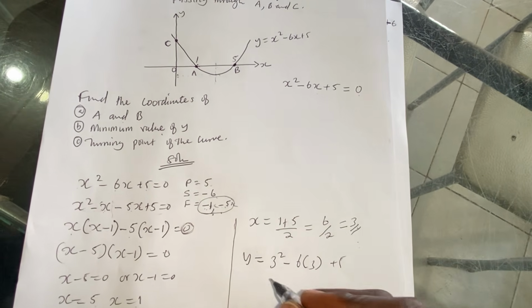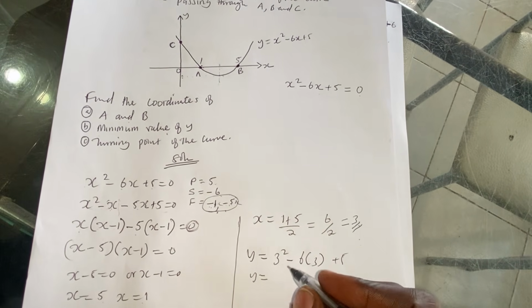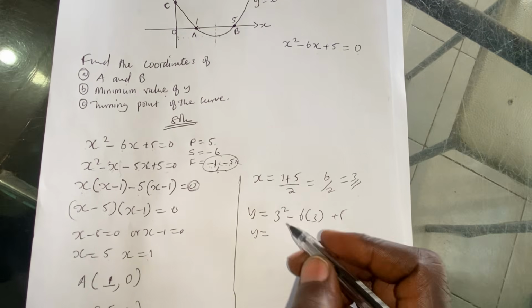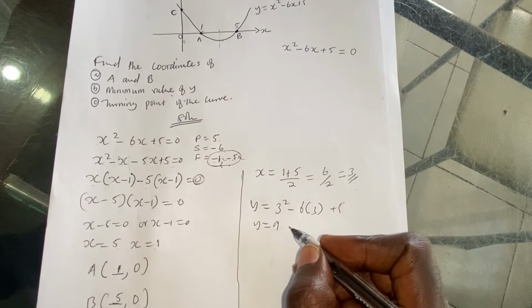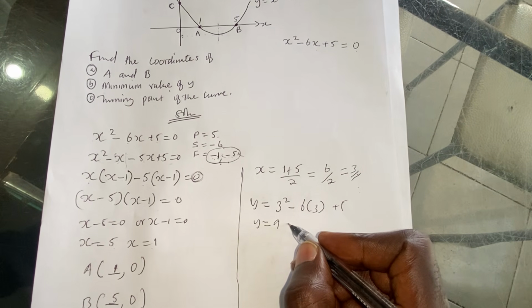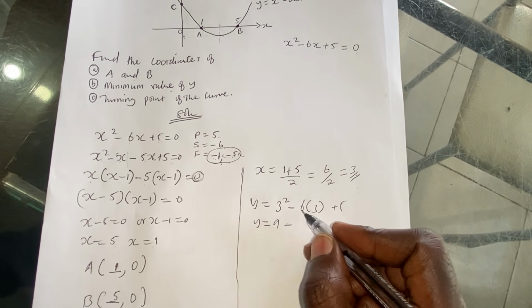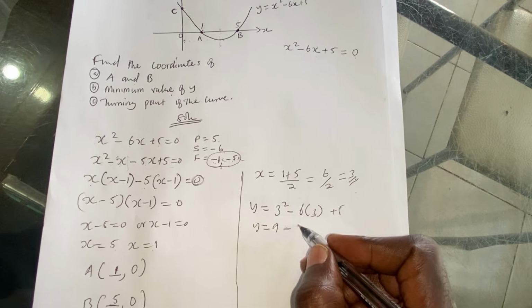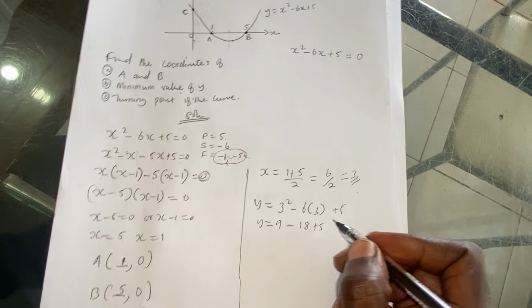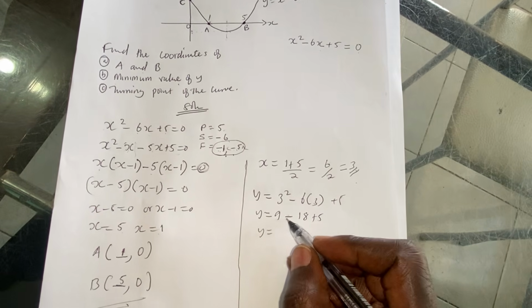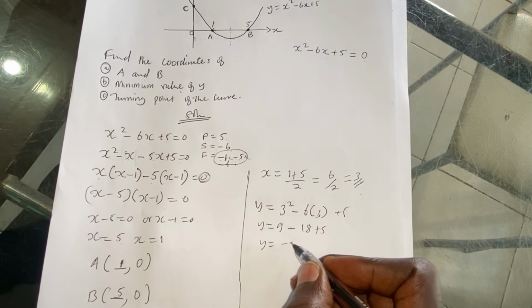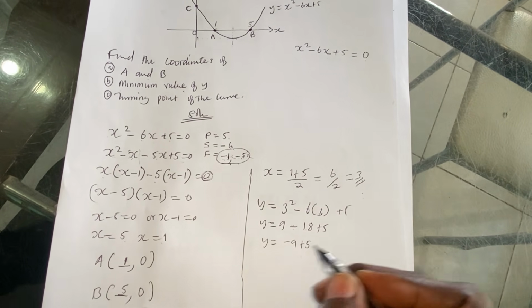So in this case, y is equal to 3 squared, which is 9, then minus, here you have 18, then plus 5. So meaning y is equal to 9 minus 18, that is negative 9, plus 5.